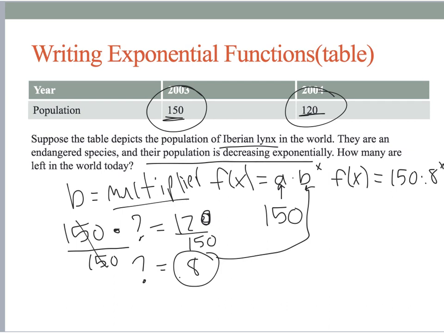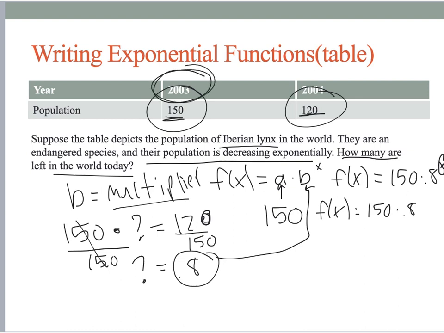To answer the question, how many are left in the world today? We just need to sub in an x value. So f of x equals 150 times 0.8. Now we have to think, we're going to sub in years since 2003.